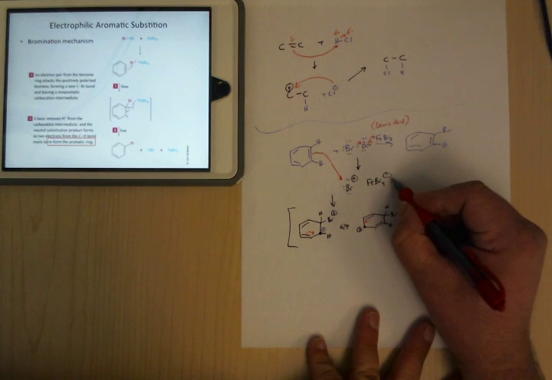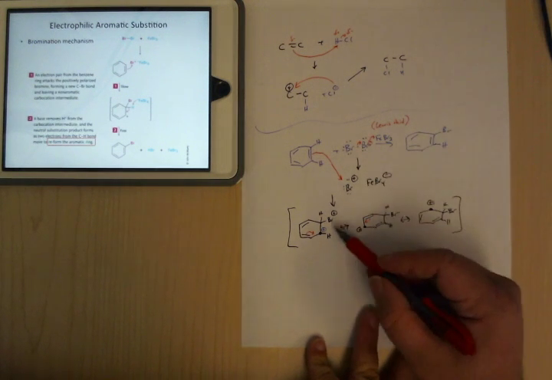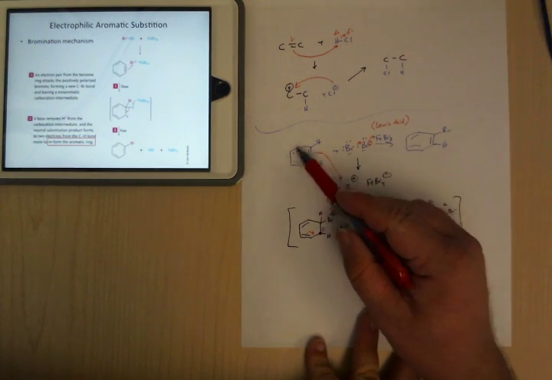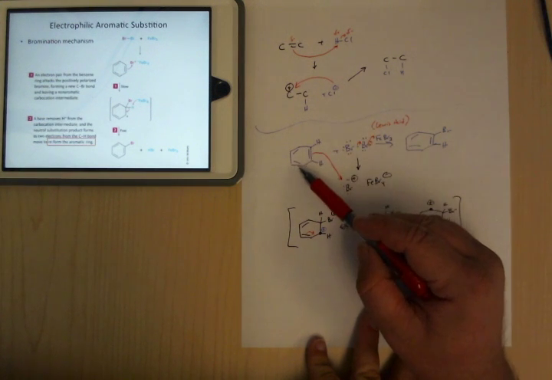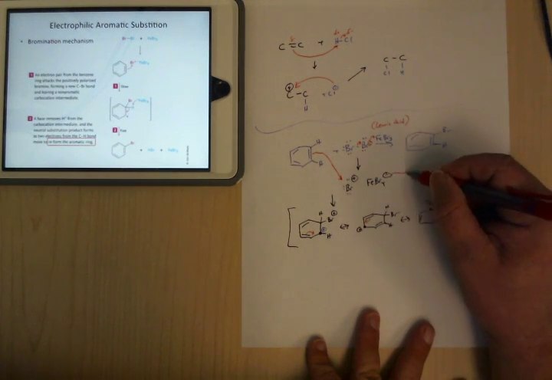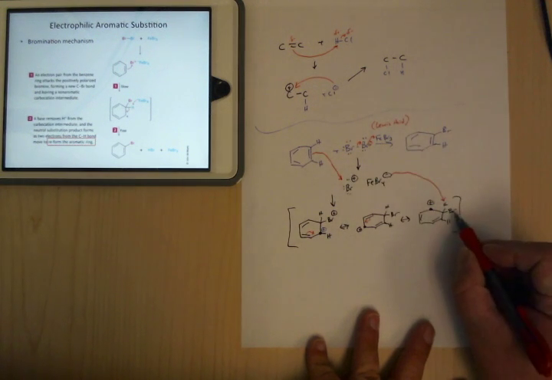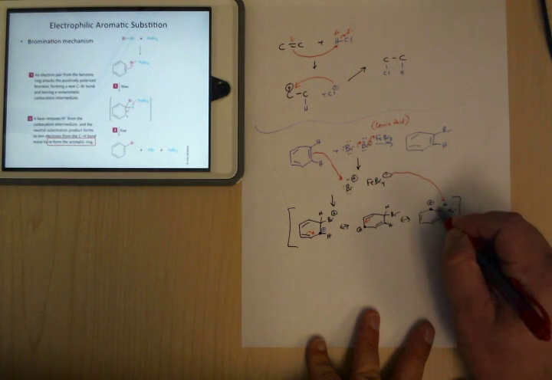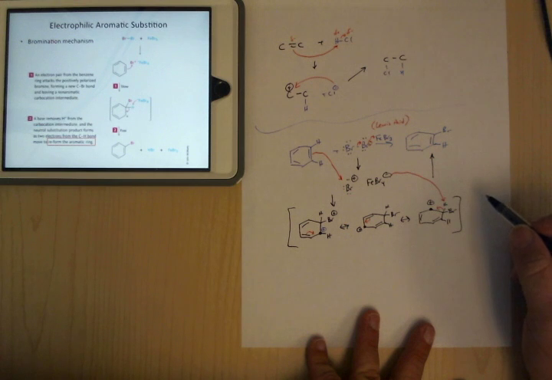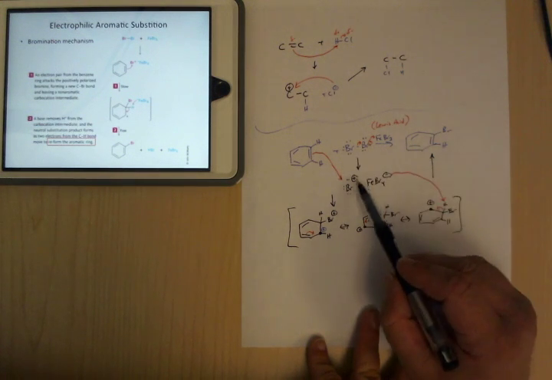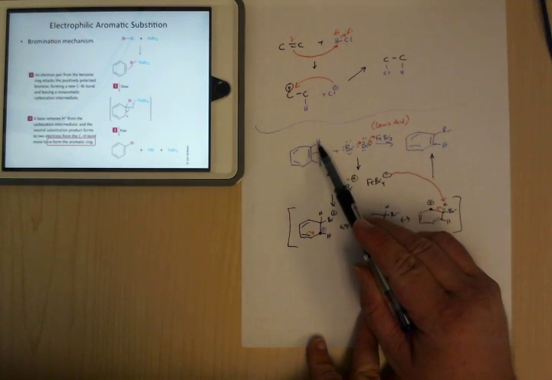But what it really wants to do is reform the benzene ring here. So it's going to rip off the hydrogen where that bromine is attached, to basically reform the benzene ring. Where your positively charged thing attacks, that's the hydrogen that gets ripped away.